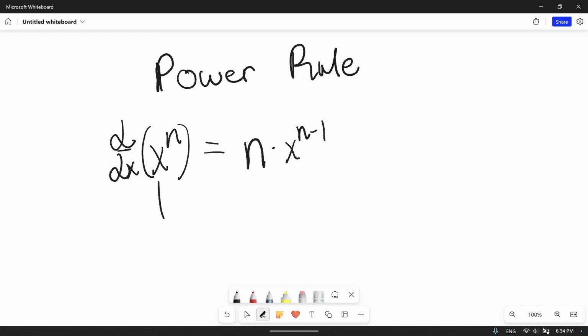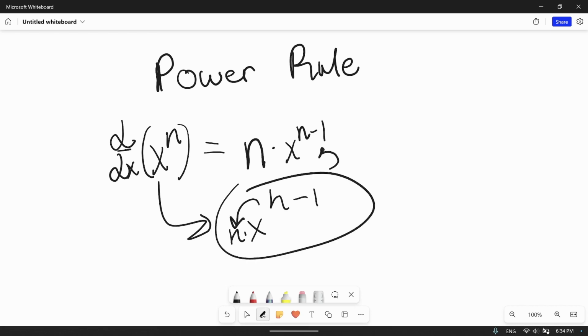So basically, you put the n down here, and then you subtract 1 from the exponent. And after doing that, it brings you to this. So that's basically the power rule.